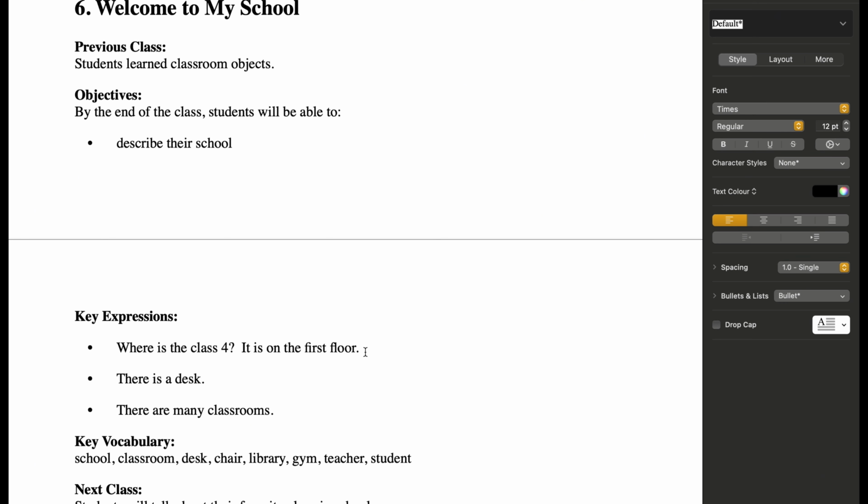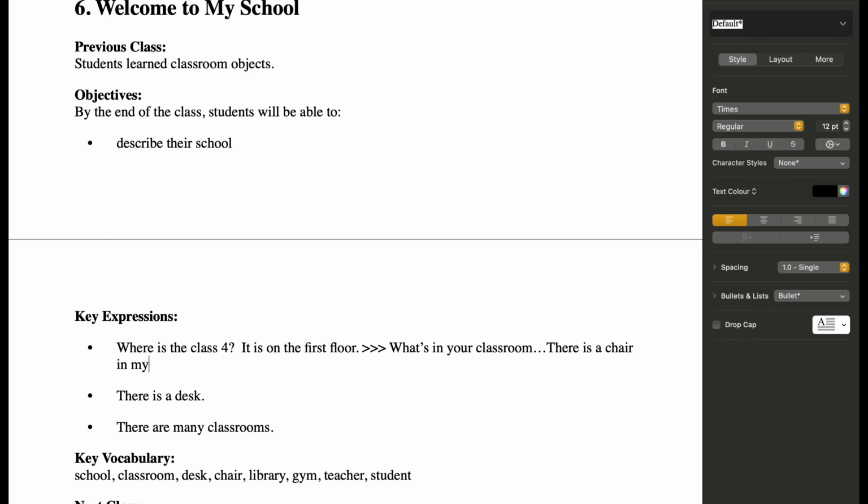Okay, another key expression you can say, as a question, is what's in your classroom? And let's say, there is a chair in my classroom.